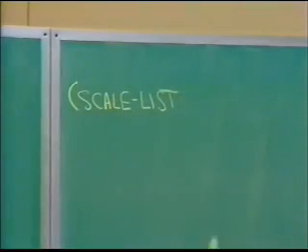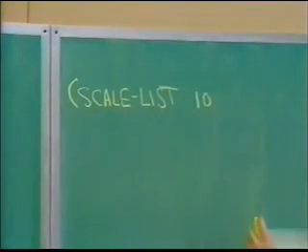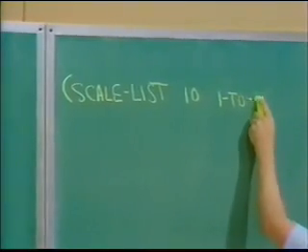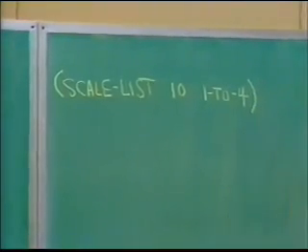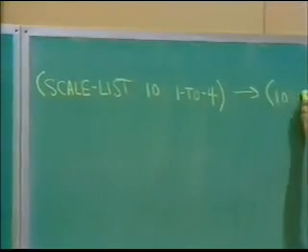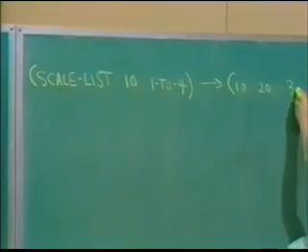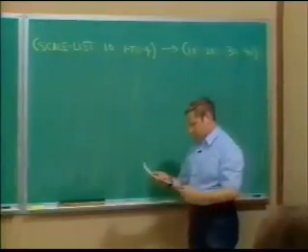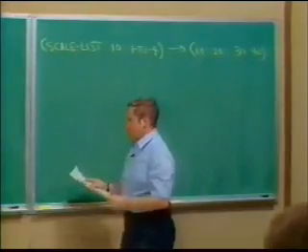And I might say, I want to scale by 10 the entire list 1 to 4. And that would return for me the list 10, 20, 30, 40. Right, so it returns the list.